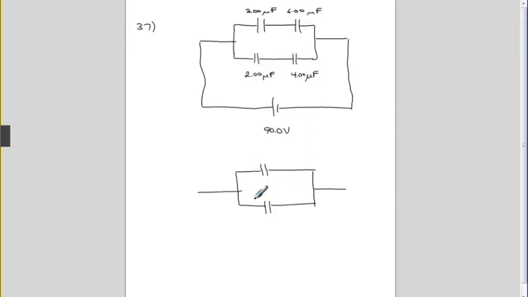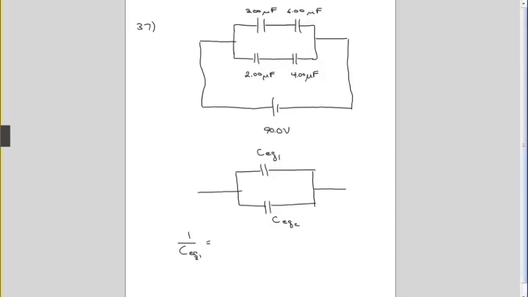So you've got to use the equation for series capacitances. Let's call this C equivalent 1, and we'll call this C equivalent 2. Because they're in series, we have to use the reciprocal relationship.